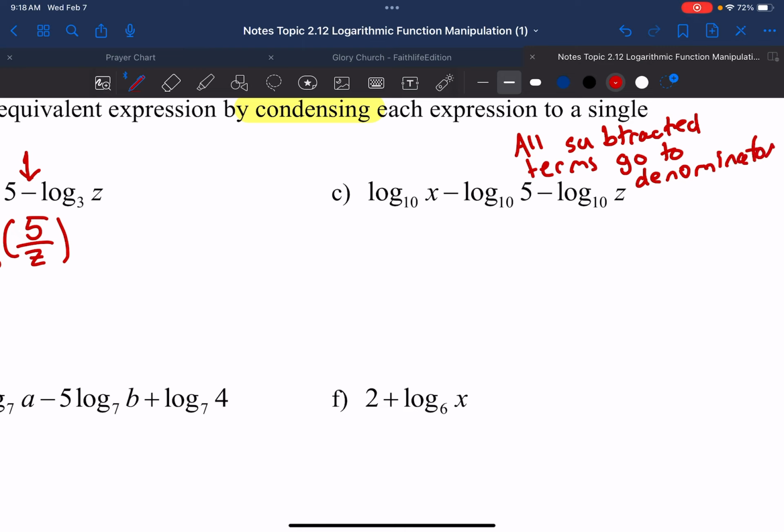So all the subtracted terms will go to the denominator when I divide. So I'm going to start by writing this log base 10 of x. x is on top, then minus 5, so 5 is on bottom, and then minus z, so z is on bottom.